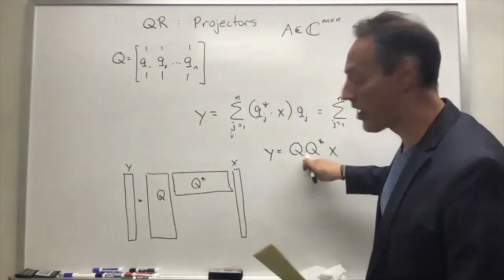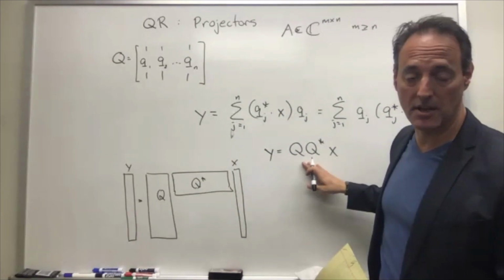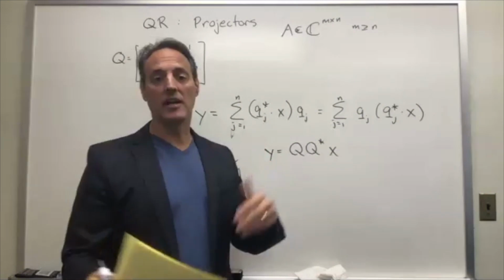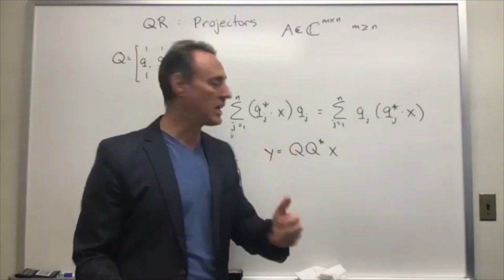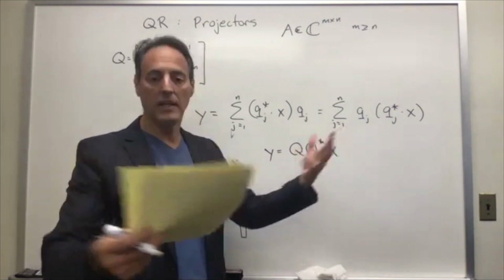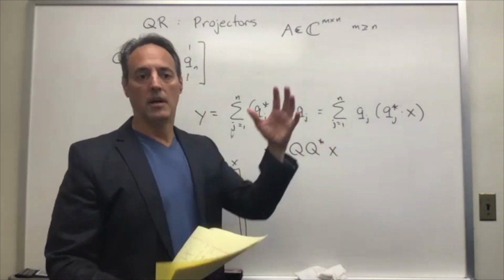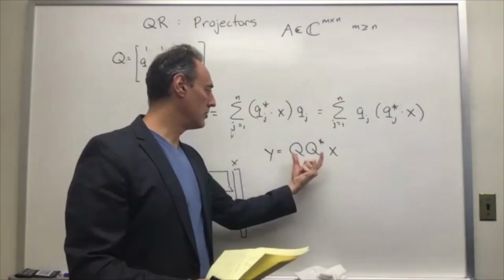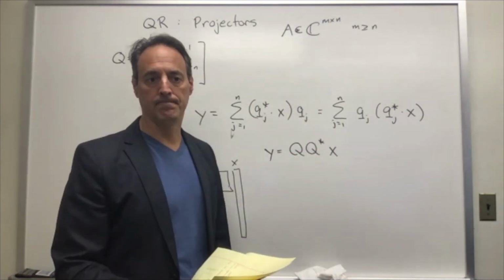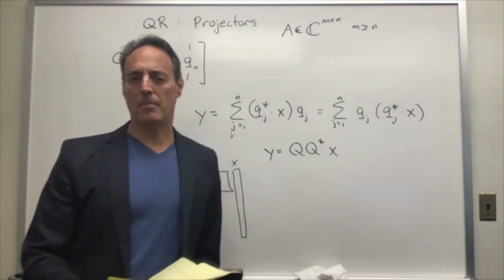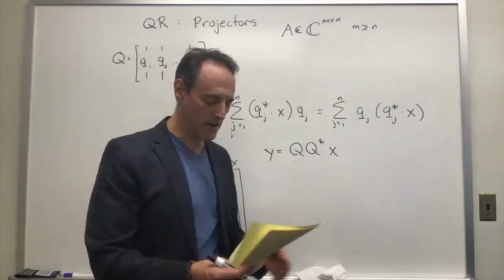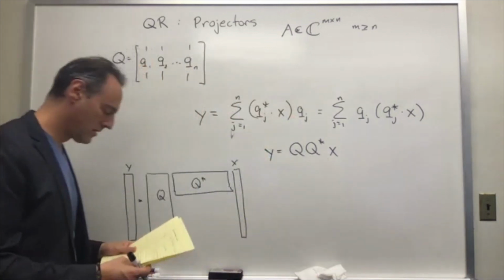So QQ star is this very important object, and it's going to play a big role in what we want to build in essentially modifying that Gram-Schmidt, because now this thing here just says, if you construct this, I can very easily compute for you any vector's projection onto the subspace spanned by Q. Okay? It's a compact representation of that. We could, of course, work it out in a sequential way, but this is a very nice compact representation.